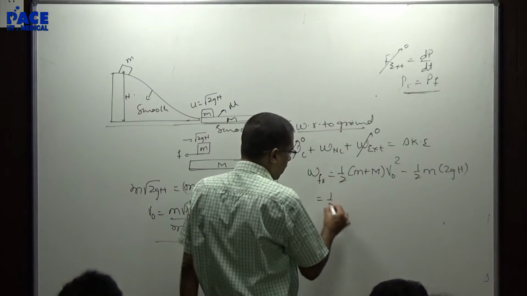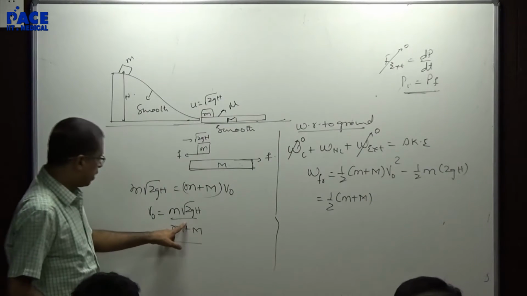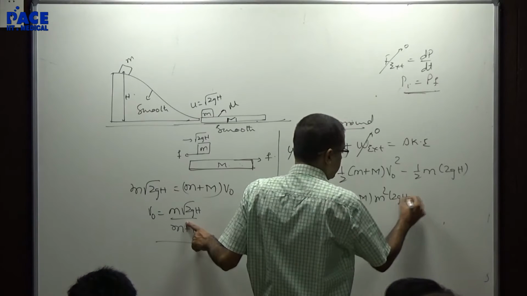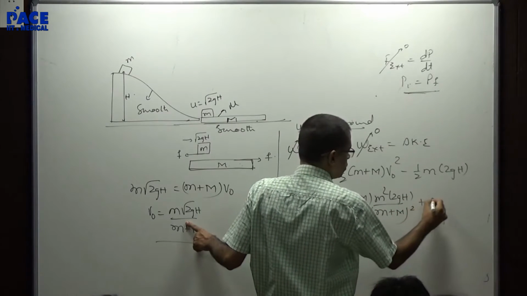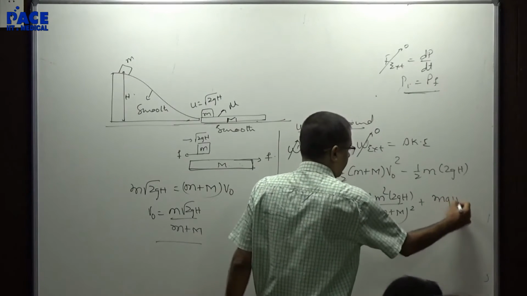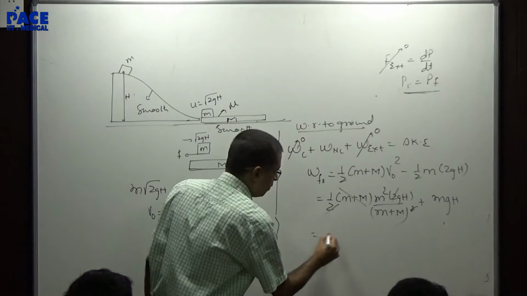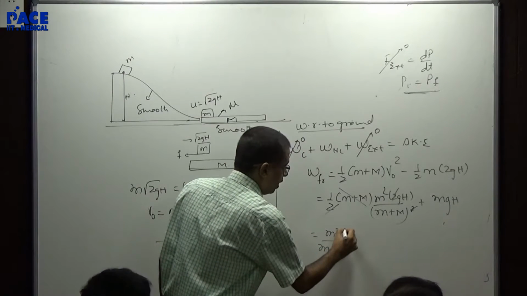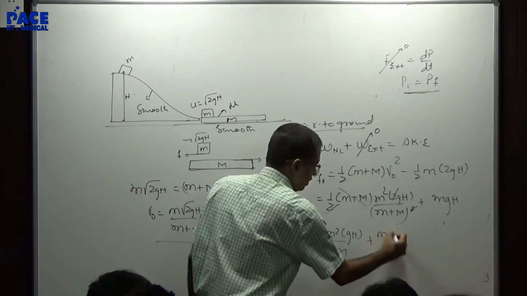Now this will be half small m plus capital M, V naught square I'll substitute from here, m square 2gh upon small m plus capital M whole square, plus mgh. 2 will go, this will go: m square by m plus capital M gh plus mgh.